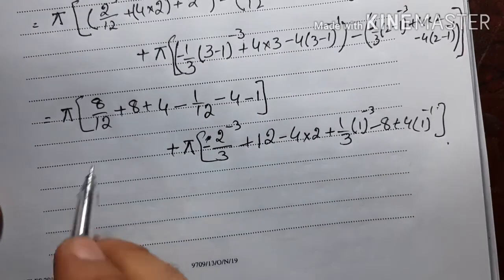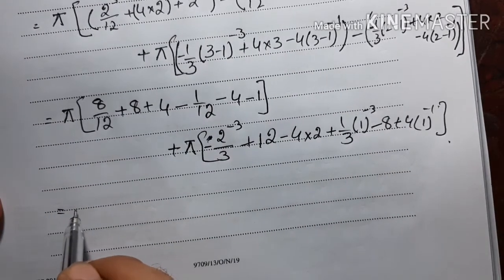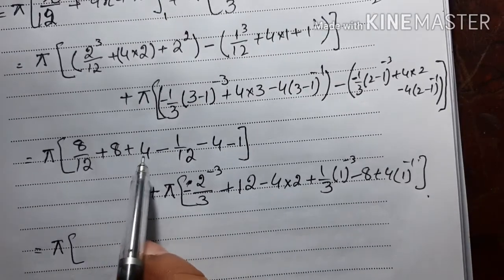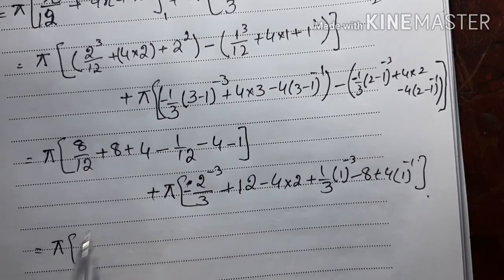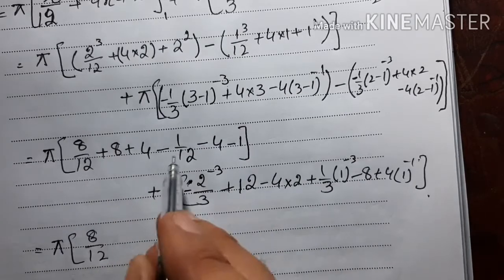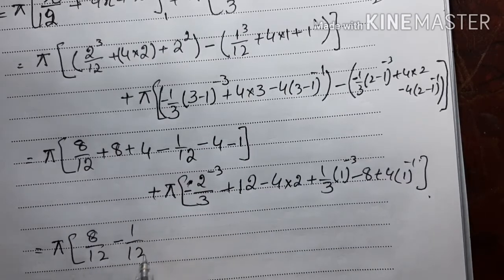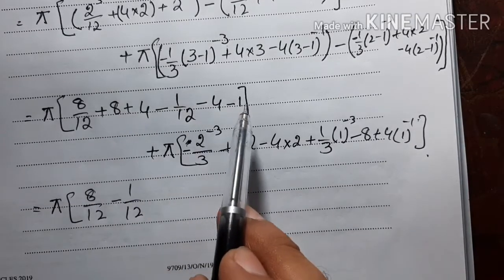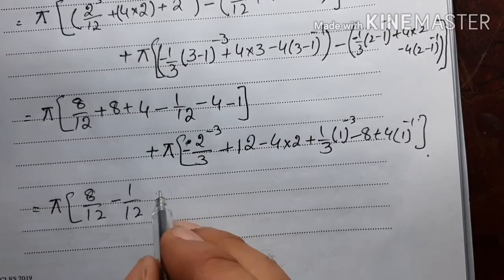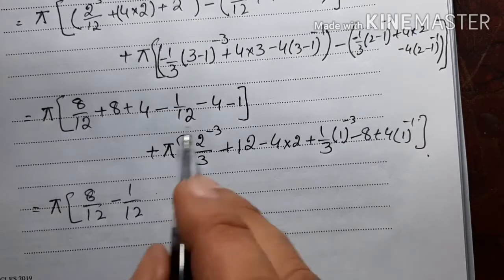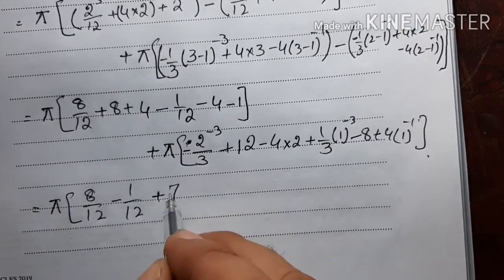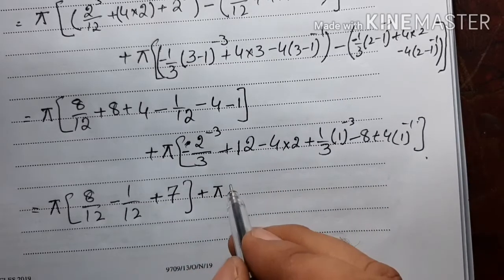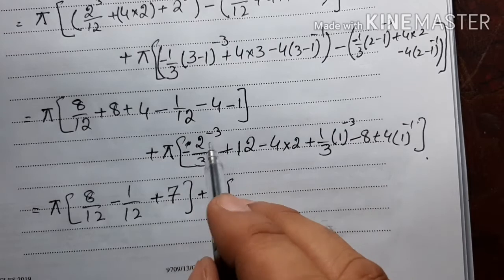Now pi, 8 plus 4 is 12. First of all I'll write 8 over 12 minus 1 over 12, 8 plus 4 is 12, minus 4, 8 minus 1 is 7, minus 7, plus 7, plus pi, minus 2.